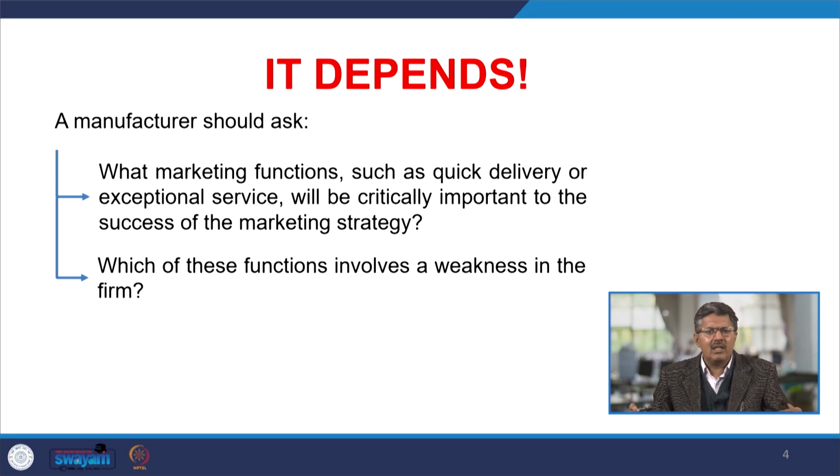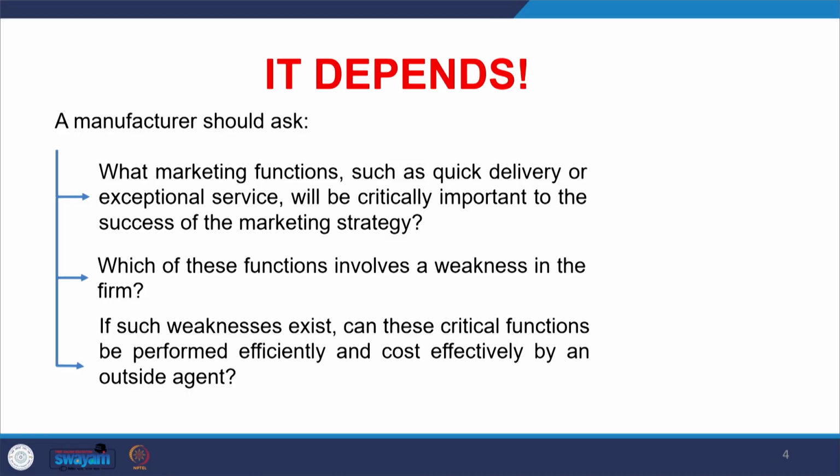Among the functions the manufacturer feels are important, which is one where it lacks the strength, the know-how, or the capacity to satisfy the customer? For example, quick delivery needs very strong logistical or infrastructural support. If the manufacturer does not have it, then that is a weakness we can consider.